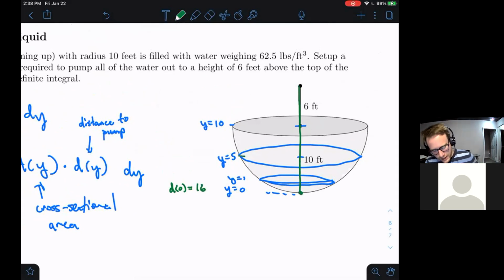Versus if you have the stuff at height 5, you take that full 16, but it's already sitting 5 feet up, so it would actually be 11. You need to pump that 11 more feet up. And likewise, the stuff at the very top only needs to be pumped 6 feet. So it really depends on where that cross section lives, that you only need to bring it up so much higher.